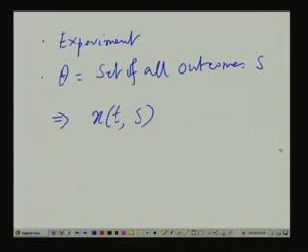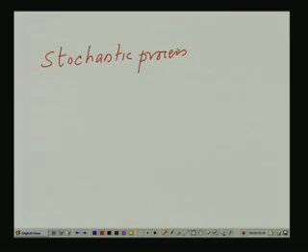In general, the family of all these functions belonging to all possible outcomes constitutes the random process.